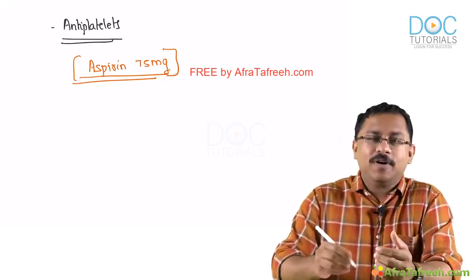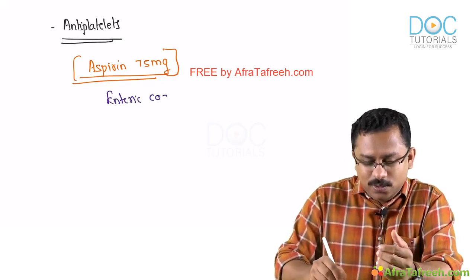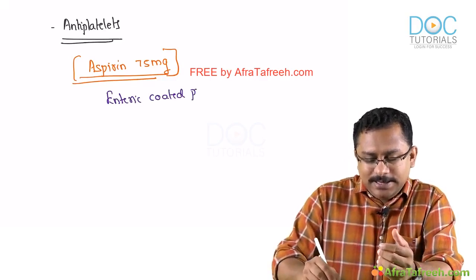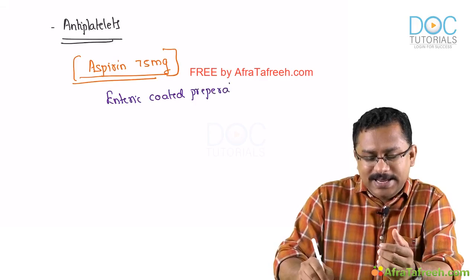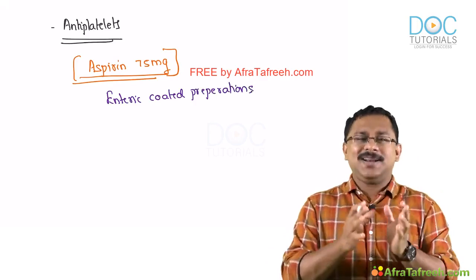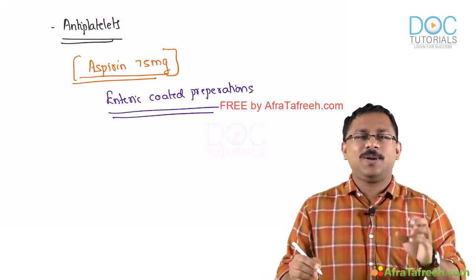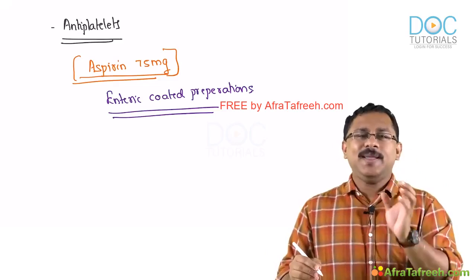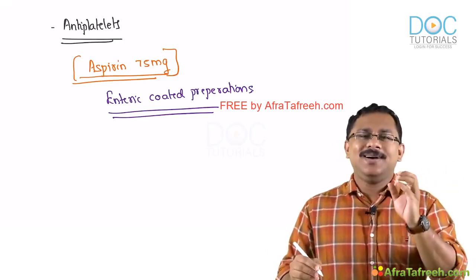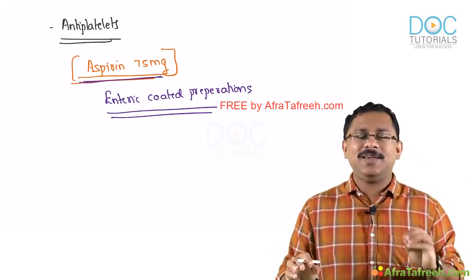And you can go for the enteric coated preparations, especially when GI adverse effects, GI irritation, is a troublesome side effect in many individuals. You have got to continue the patient on long term aspirin. Remember it is a lower dose, 75 milligram you are giving.